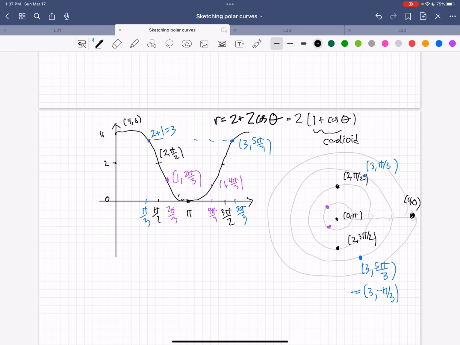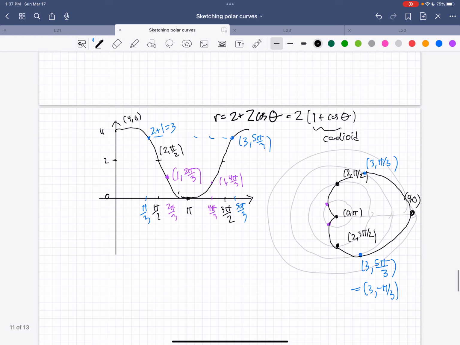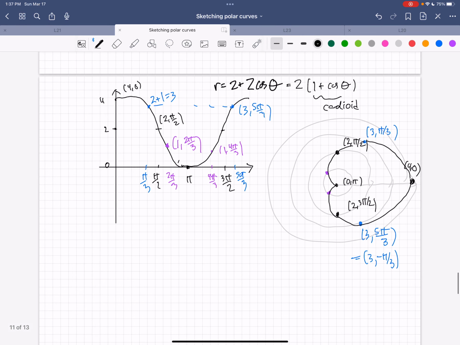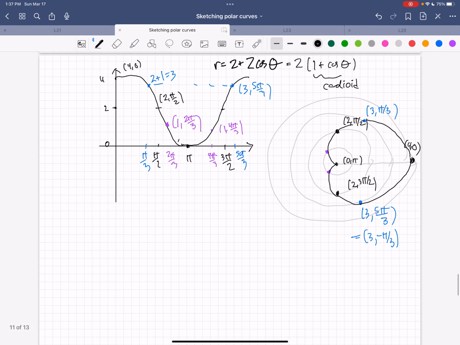And so if we put this together, and we could calculate more points, we'll get, again, a very similar cardioid to 1 plus cos theta, but everything's just been multiplied by 2. Great.